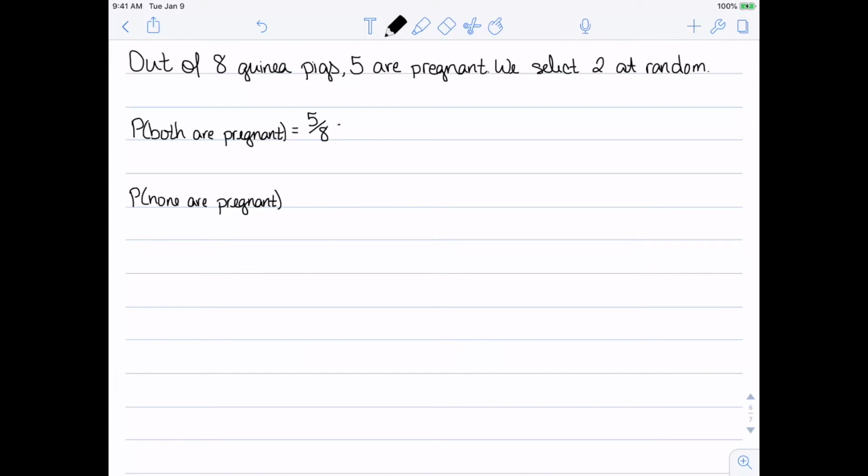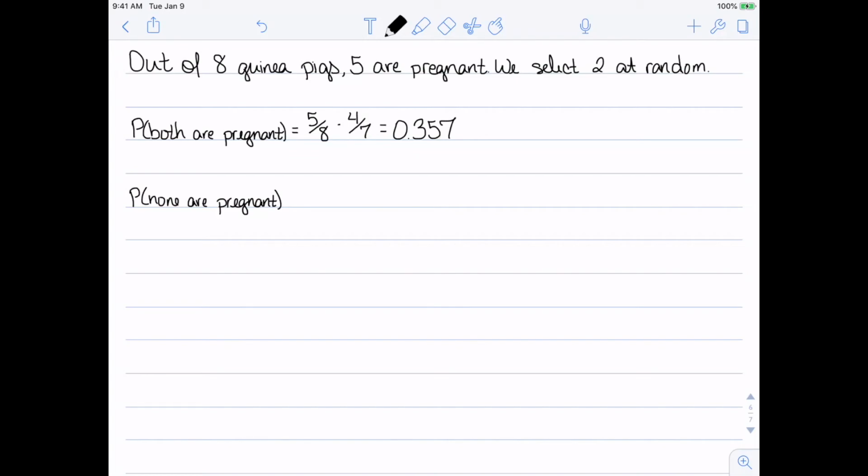We then need to pull the second one out, but we've already removed one of the guinea pigs, so we're down to 7. And we know that that first guinea pig that we removed was pregnant. So we now only have 4 pregnant. So we would have 5 over 8 times 4 over 7, which is about 0.357.